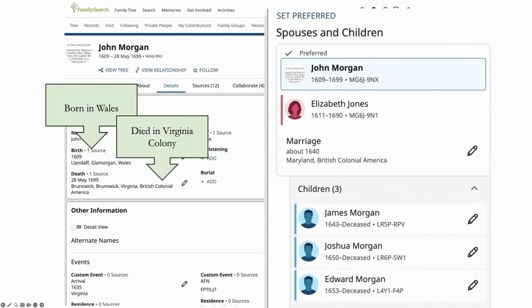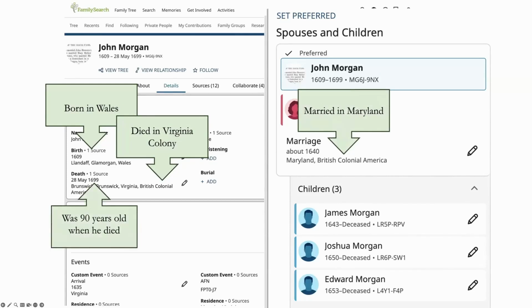So this person has traveled across the ocean from Wales sometime in his life. He's ended up in Virginia where he's going to die, but somehow or another he picks up a marriage in Maryland, and he has 3 children. Okay, we'll get to some of this, I'm sure. So he's married in Maryland, but the other thing we need to note is he was 90 years old when he died.